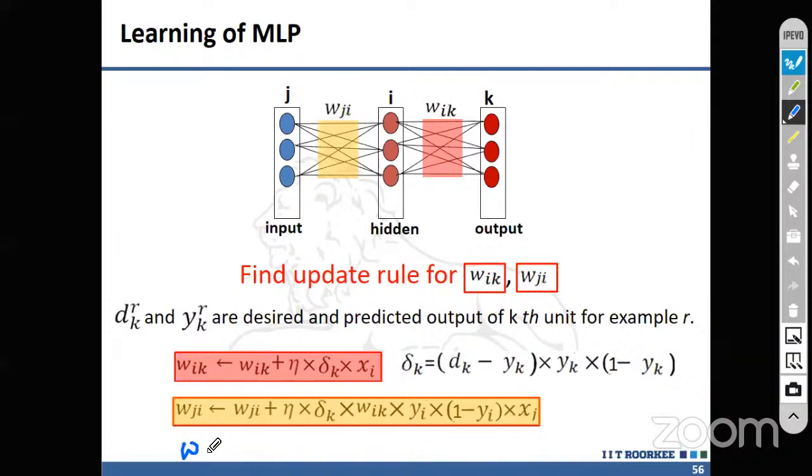For example, if I have another layer like J to K, then it will be updated as WGJ plus eta into some part, and then you will have this WGJ. So all those parameters, those weights, are coming here, and then you will have this WIK.